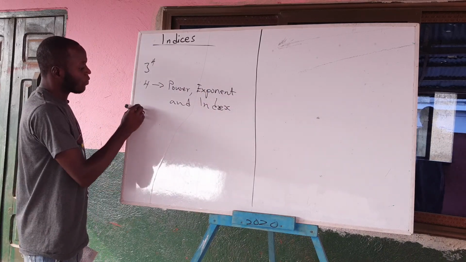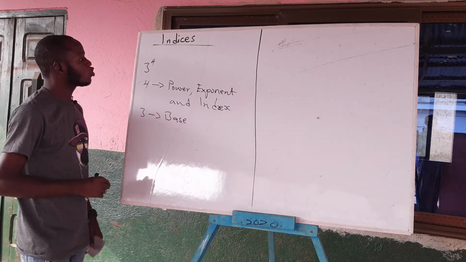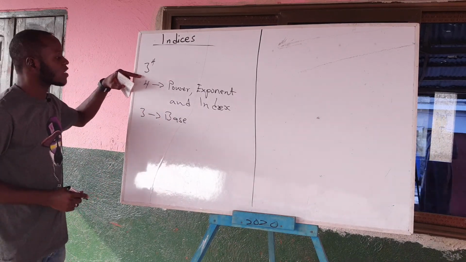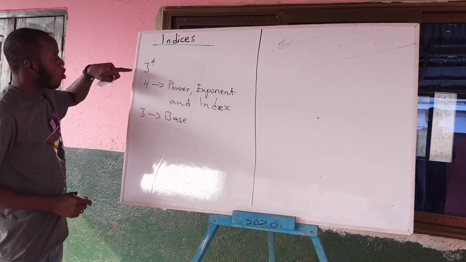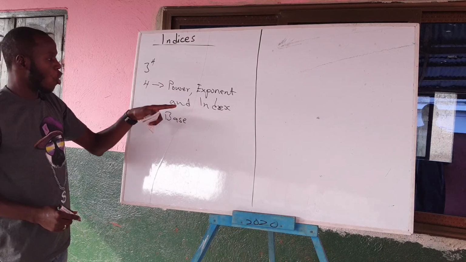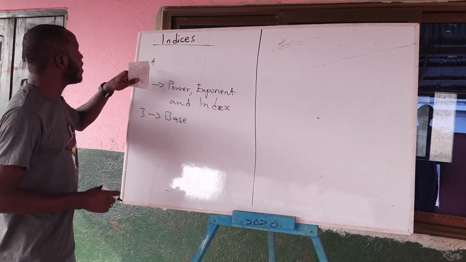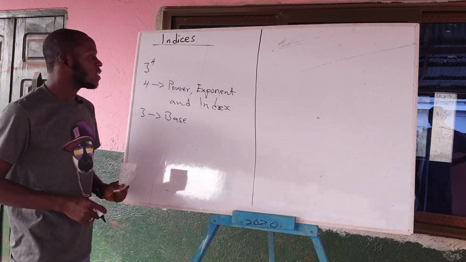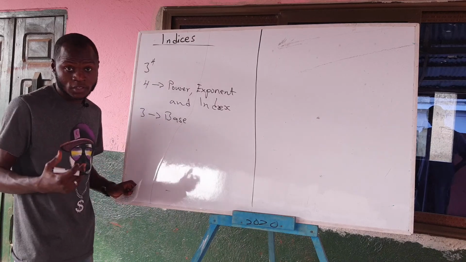The 3 is known as the base. This expression can be read as 3 index 4, or 3 power 4, or 3 exponent 4. The index, power, or exponent tells us how many times the base is multiplying itself.